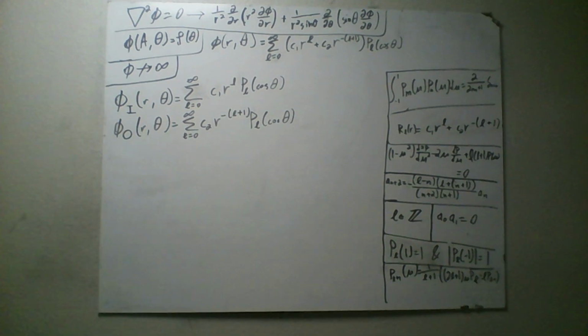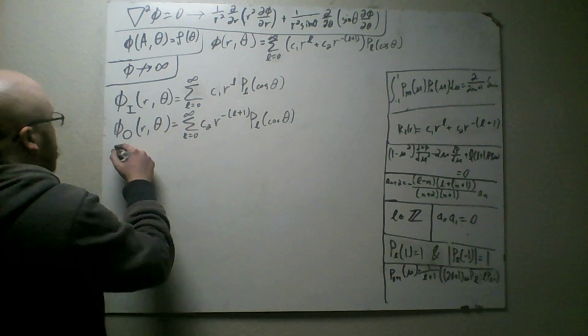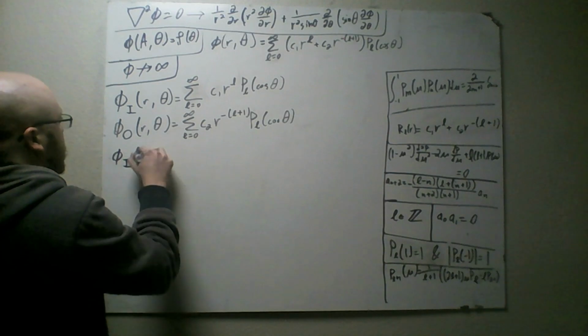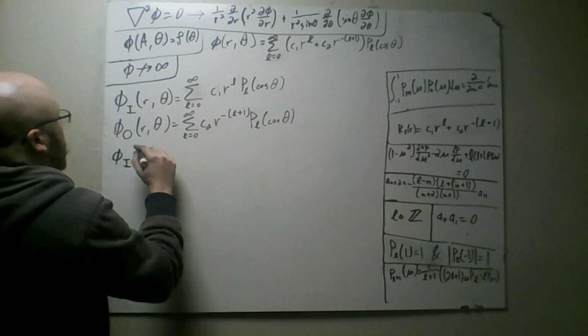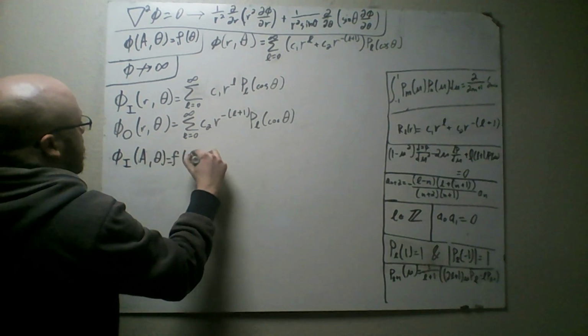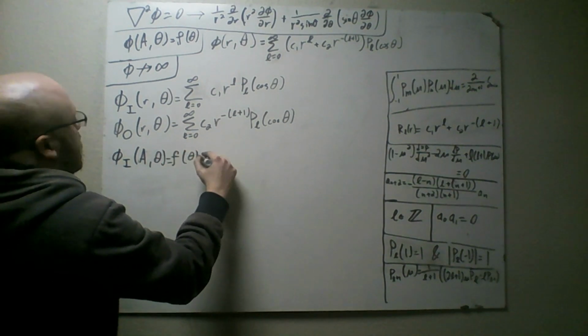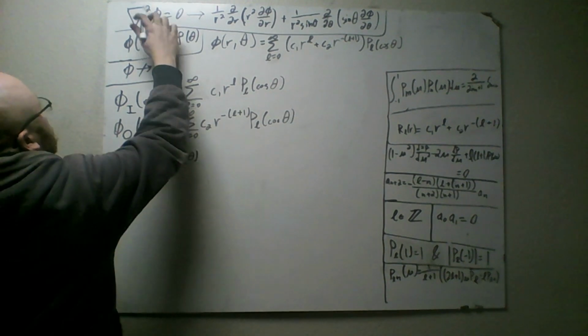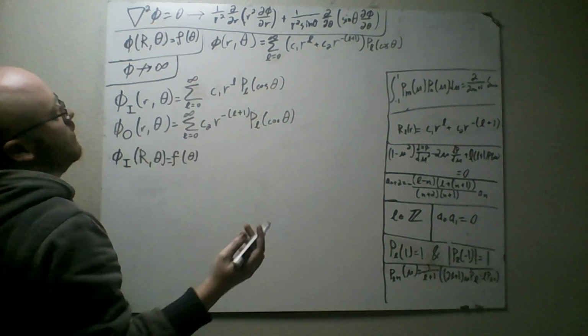So now, once again, we have f of theta, and we know that, let's just do theta I for now. At big A, theta equals some f of theta, or I could do big R now, because I've already moved past where I used the big R earlier in the separation of variables.